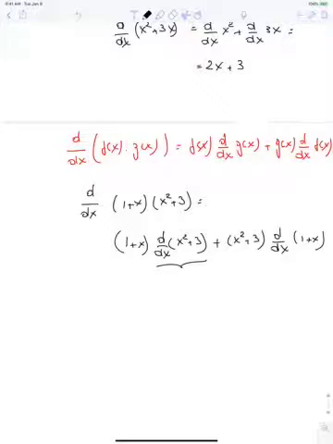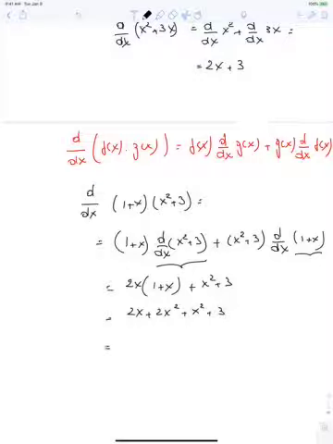Now, the derivative of x squared plus 3 is 2x, so this is 2x times 1 plus x. And the derivative of 1 plus x is 1, so this is x squared plus 3. So we get 2x plus 2x squared plus x squared plus 3, which is 3x squared plus 2x plus 3.